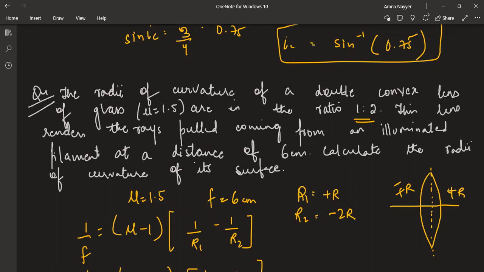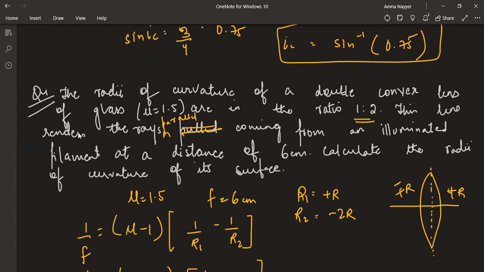Some source is kept at such a distance. One more word should be mentioned, that is parallel, then only it will become clear. You can add it: parallel coming from an illuminated filament. So this will make it more clear.